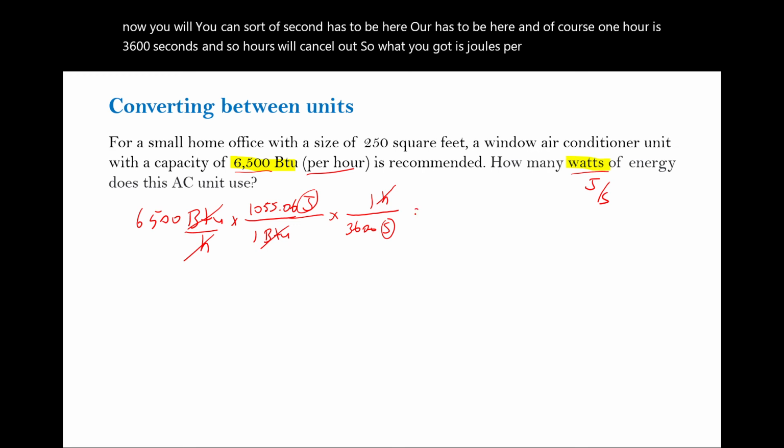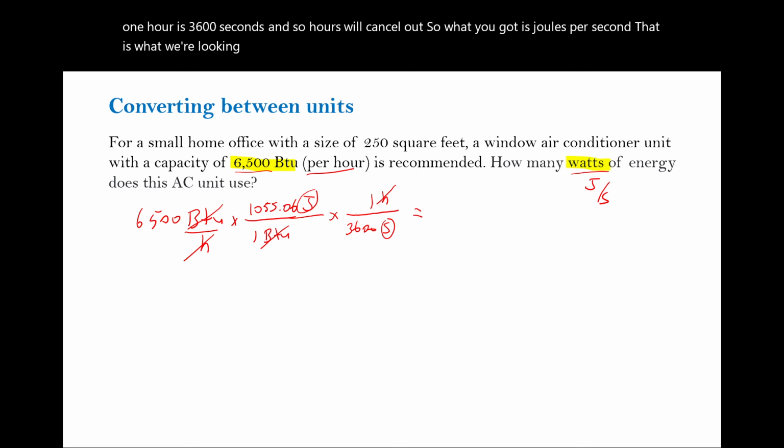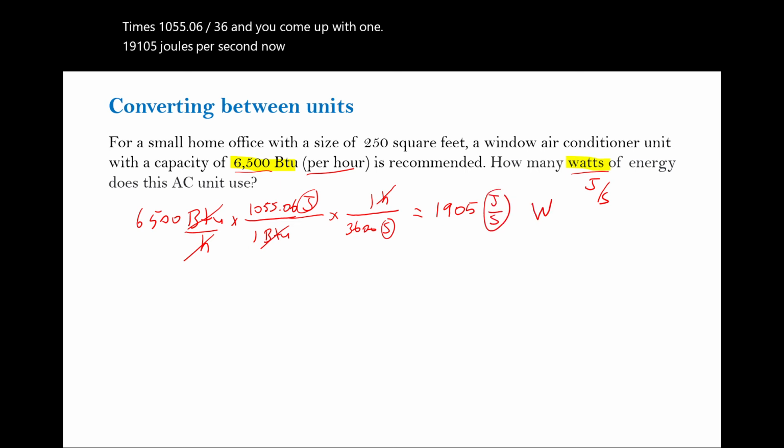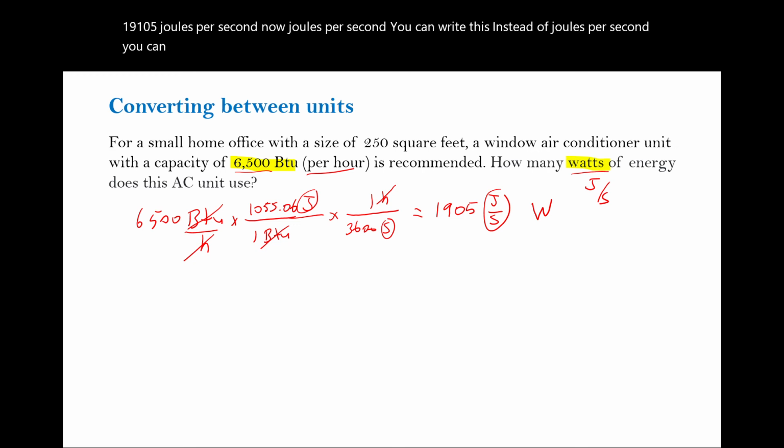That is what we're looking for. And the rest is just the math. 6,500 times 1055.06 divided by 3,600, and you come up with 1905 joules per second. Now, instead of joules per second, you can write watts, capital W.